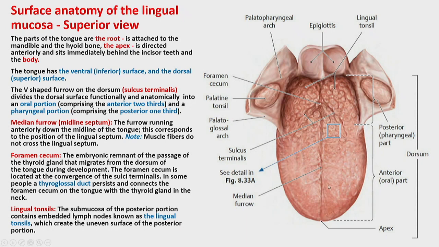And the rest, which is considered the anterior 2/3 of the tongue, is called the body. So the main parts of the tongue are the root, the posterior 1/3, the apex, the anterior part immediately behind the incisors, and the body, which makes up the anterior 2/3 of the tongue.